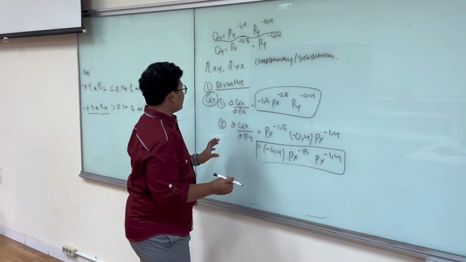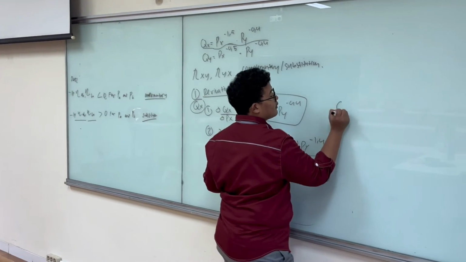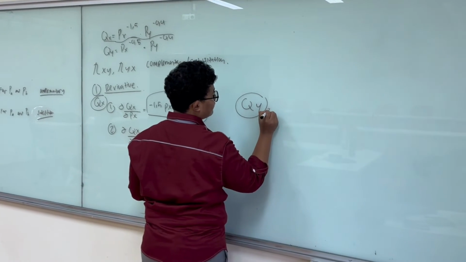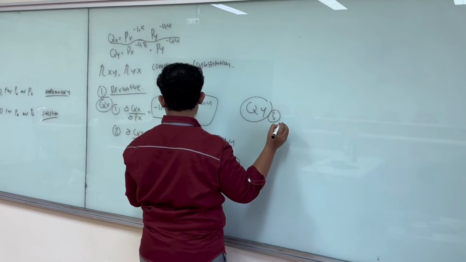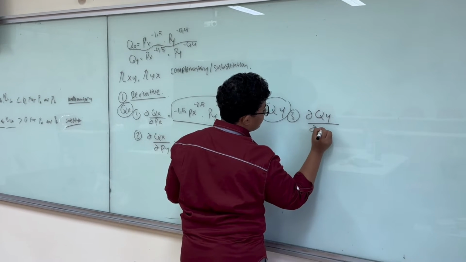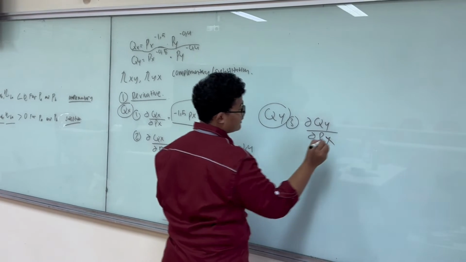Now we move on to the derivative of quantity of product Y. We call it the derivative of quantity of product Y with respect to the price of X first.